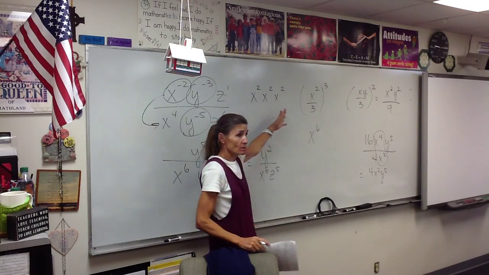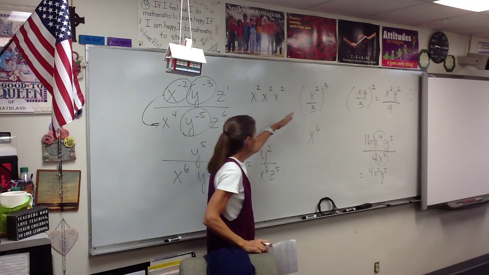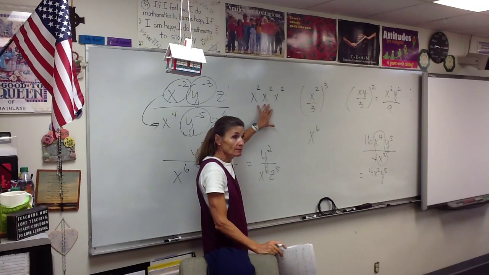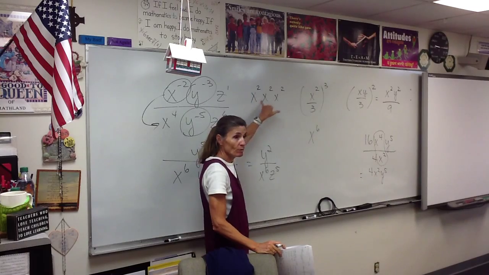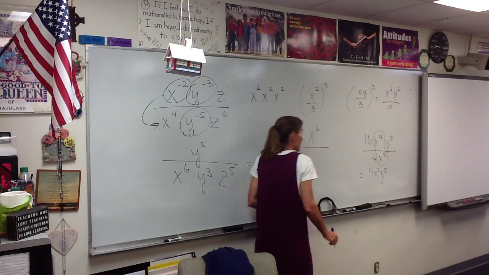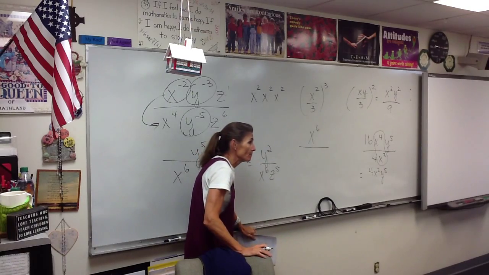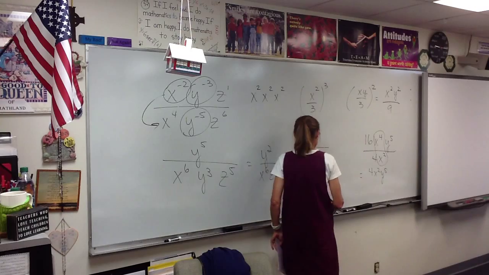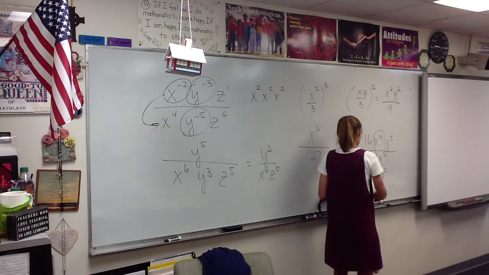So write it out. If you have x squared 3 times, how many x's do you have there? 6. Count them up. 1, 2, 3, 4, 5, 6. What about the bottom? Do not put 3 and do not put 9. It's 3 to the 3rd, which is 27. Very good.